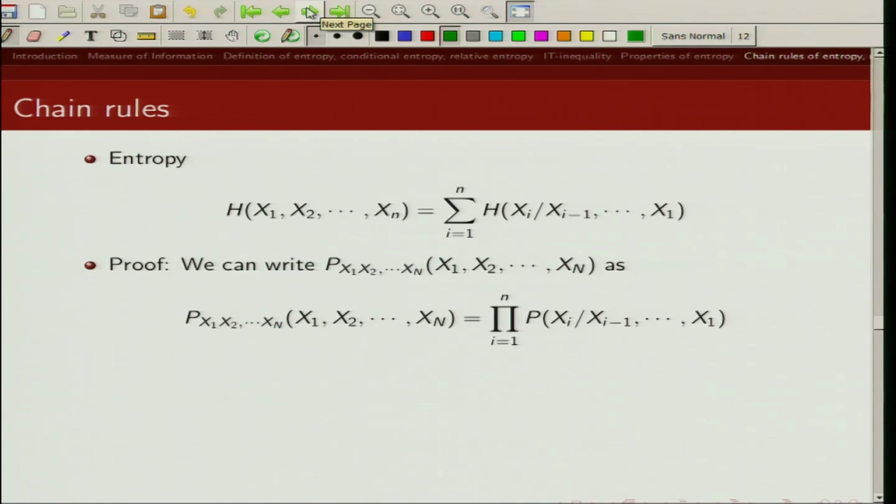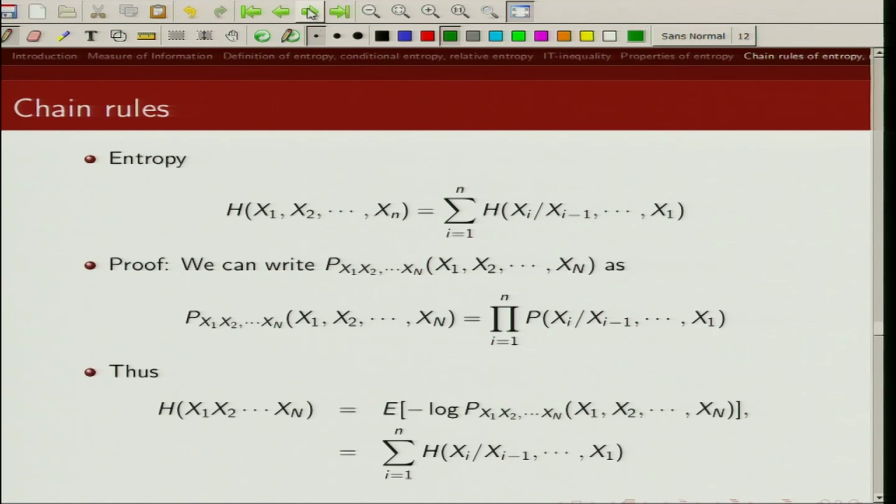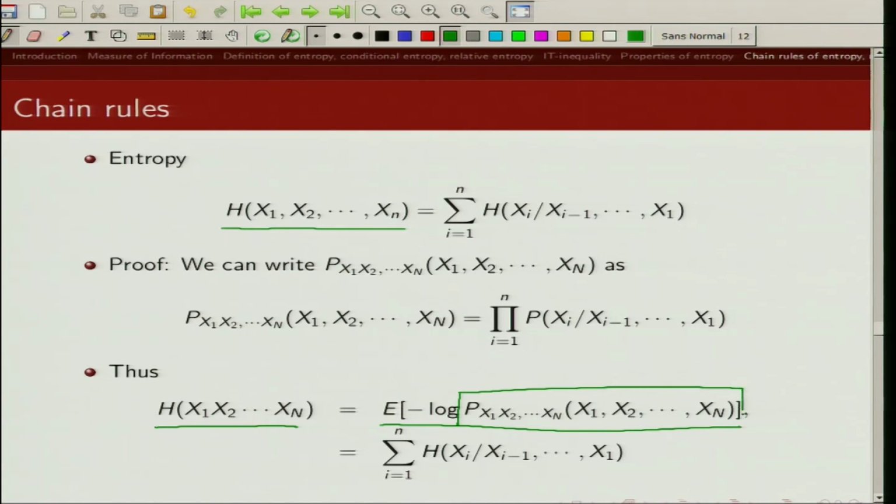So how do we prove it? We will write this joint distribution in terms of conditional distributions. And now we will invoke the definition of joint entropy. What is the definition of joint entropy? It is the expected value of minus log of this joint distribution. And what is this? This is given by this quantity, a product of these conditional probabilities.